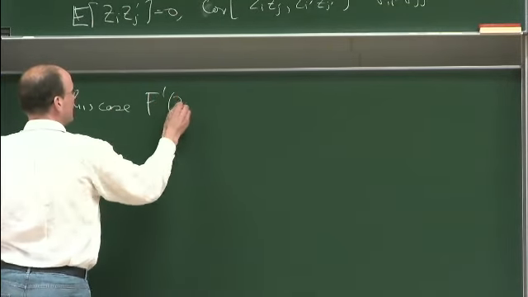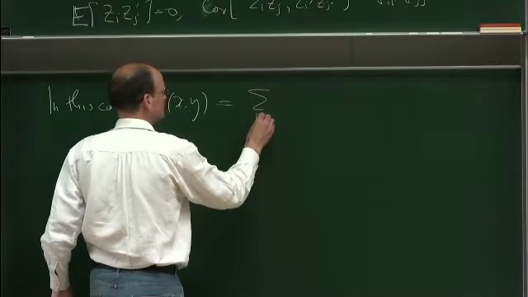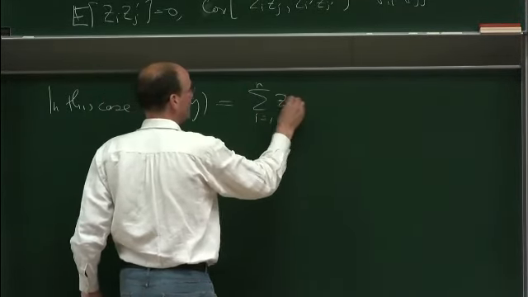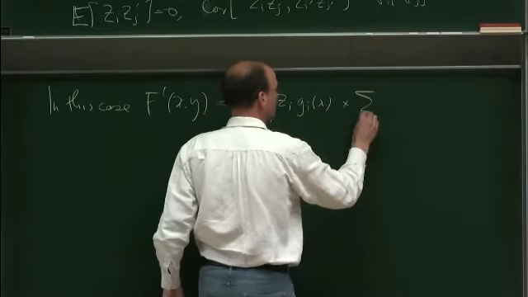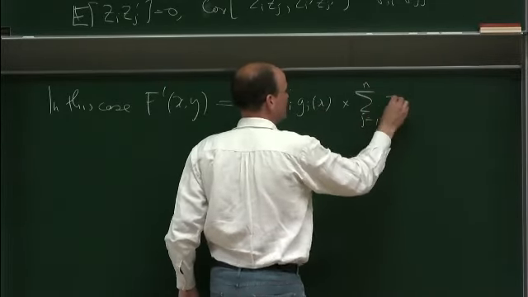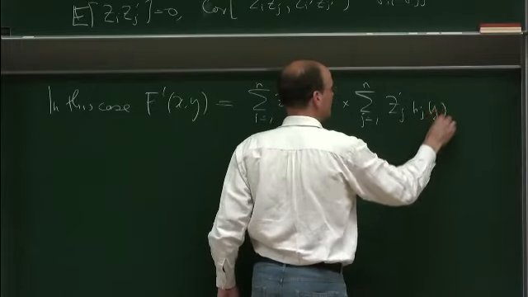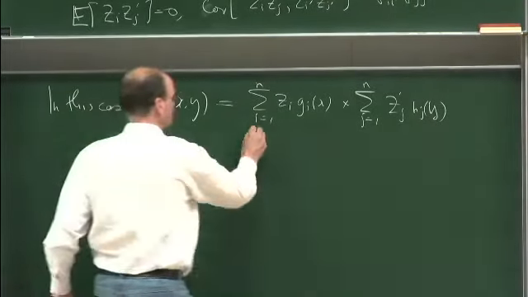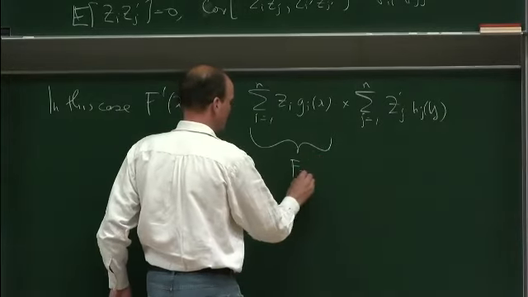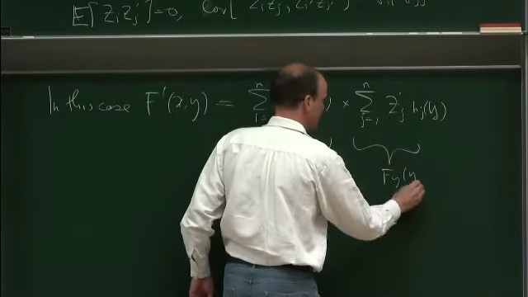Okay, so in fact, in this case, we'll construct a new process, f prime, and now it's going to factorize into terms in i and terms in j. We'll call that f of x, and we'll call that f of y.